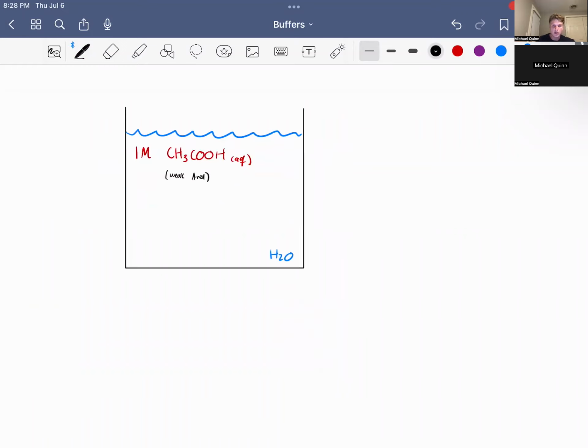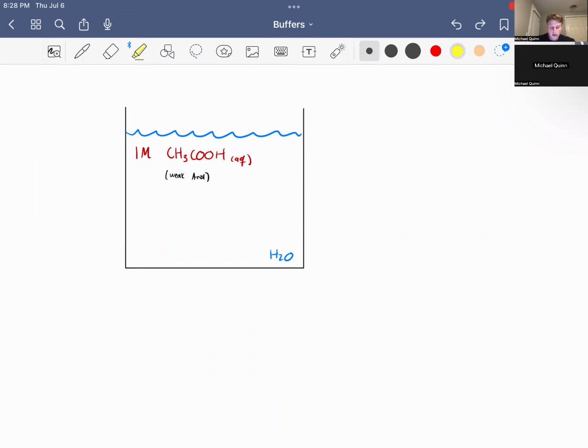Now, before, we simply called this not a buffer because it is missing its conjugate base. So if we were to remove this hydrogen we would be left with CH3COO minus, which would be its conjugate base. And then we could see if this beaker could meet the requirements of a buffer.